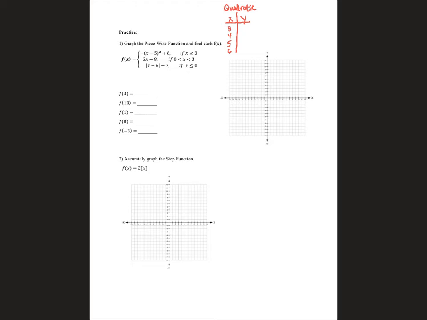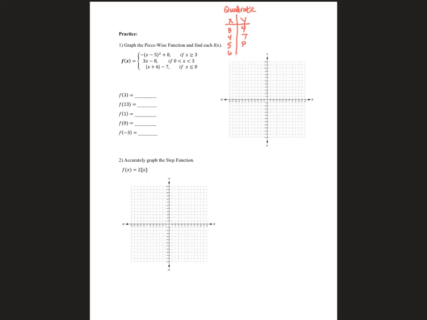Let's plug in 3. 3 minus 5 is negative 2, squared is 4, times a negative is negative 4, plus 8 is 4. Plug in 4, 4 minus 5 is negative 1, squared is 1, times a negative is negative 1, plus 8 is 7. Plug in 5, 5 minus 5 is 0, squared is 0, times a negative is still 0, plus 8 is 8.